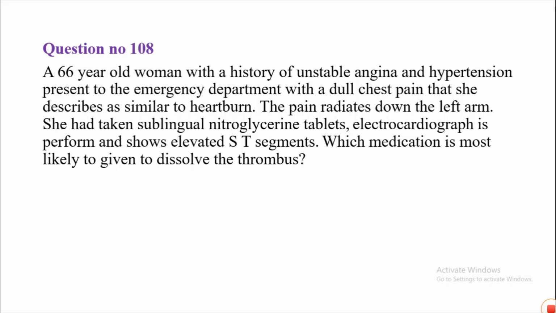She had taken sublingual nitroglycerin tablets. Electrocardiograph is performed and shows elevated ST segment. Which medication is most likely to be given to dissolve the thrombus? The options are number A, heparin, number B, warfarin, number C, streptokinase, number D, aspirin.